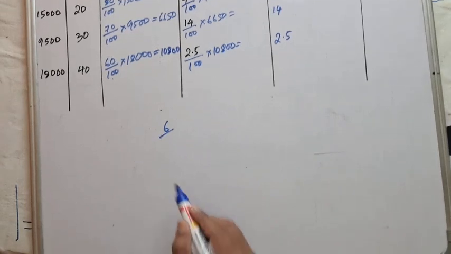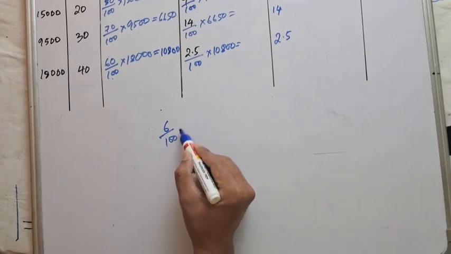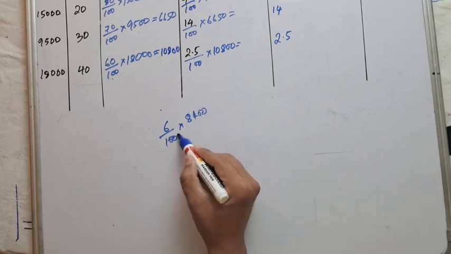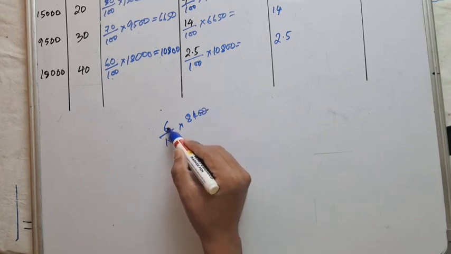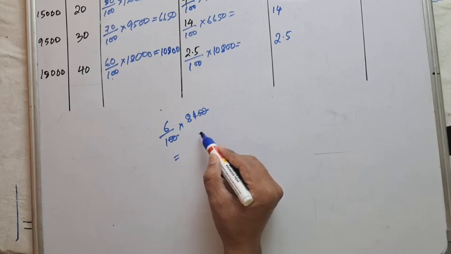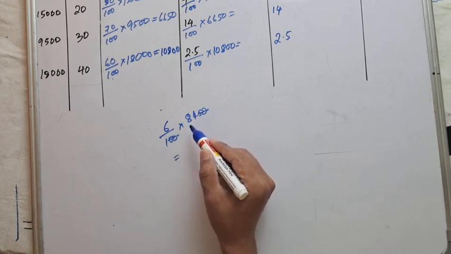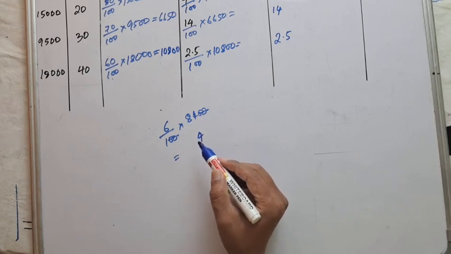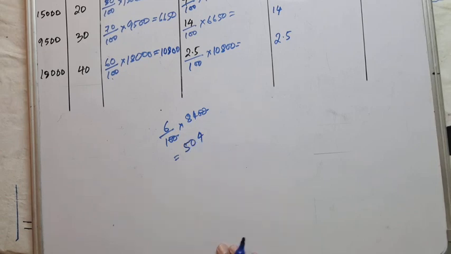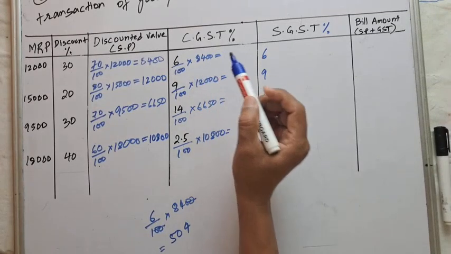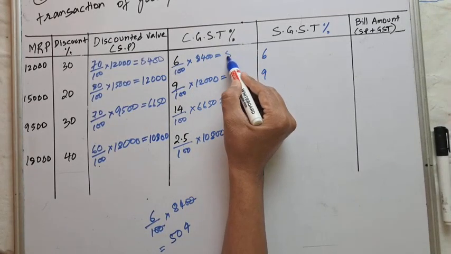6% of 8,400. In the first case, two zeros cancel out. 6 4s are 24. 6 8s are 48. 48 plus 2 is 50. 504. So 6% of 8,400 is 504 rupees.